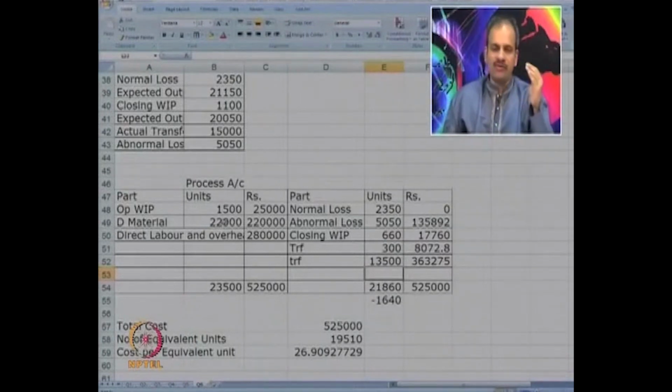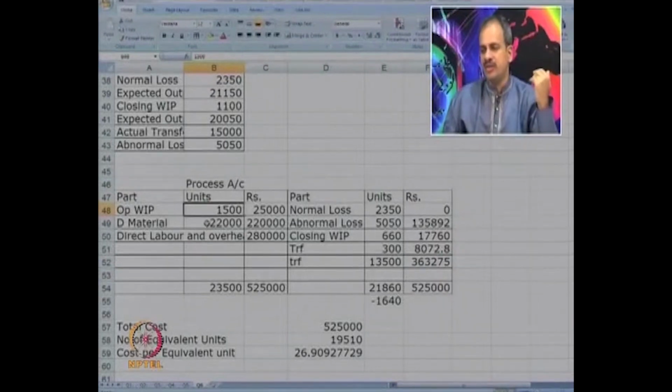So out of 1,500 units in the beginning, 22,000 were newly added. So we have 23,500 units.